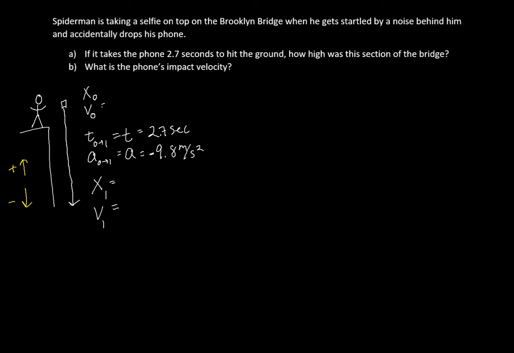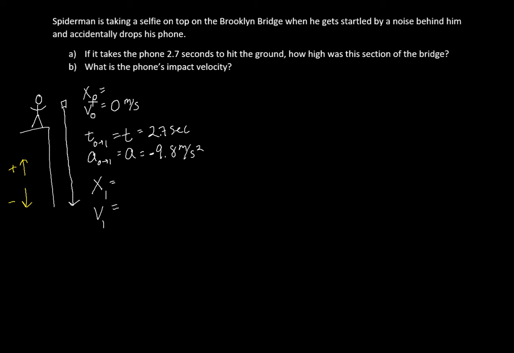We can fill out a little bit more information here. We know that he drops his phone, so if you drop your phone, you're not going to throw it up, you're not going to throw it down, you're just simply dropping it, which means your initial velocity is 0 meters per second. There's a little bit more information that we can fill out here.